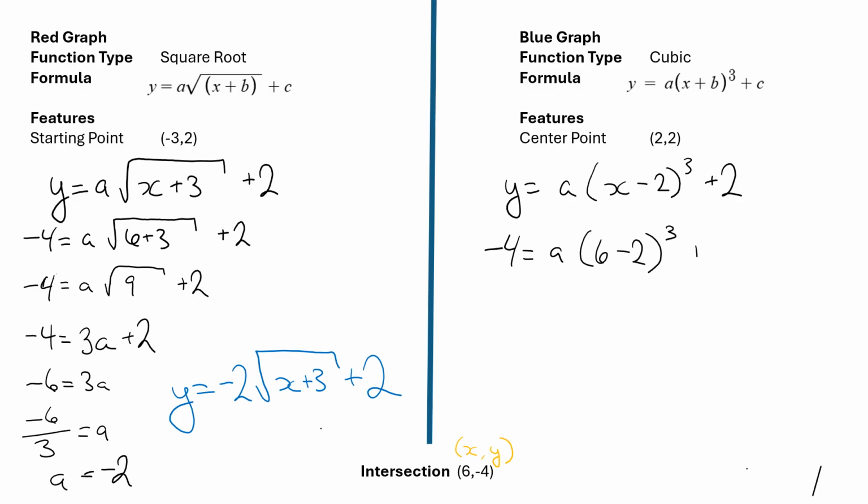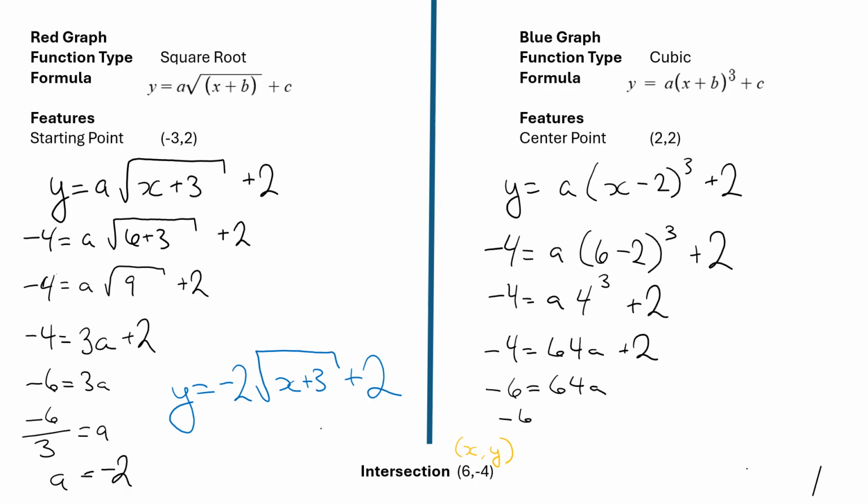all cubed, plus 2, doing what's inside the brackets. 6 minus 2 is 4, cubed, plus 2, negative 4. 4 cubed is 64a plus 2. Subtract 2 from both sides. Negative 6 is equal to 64a.